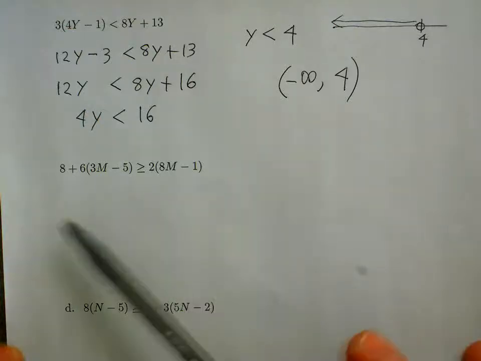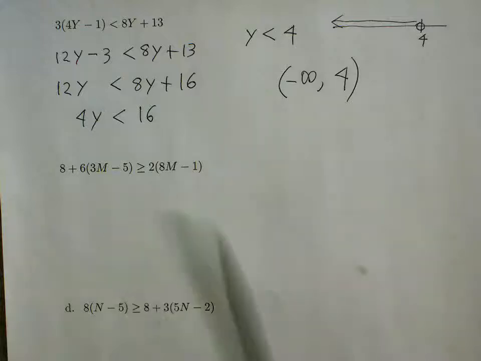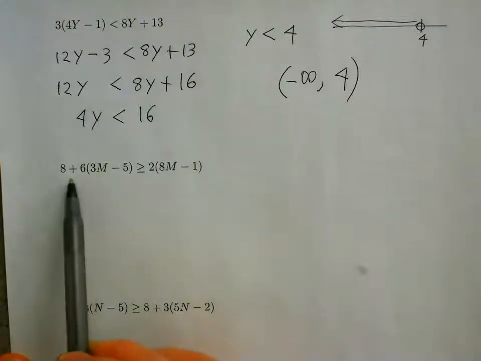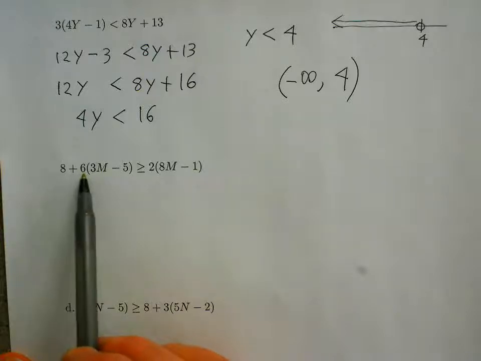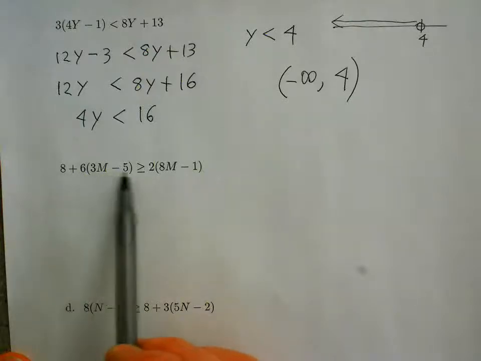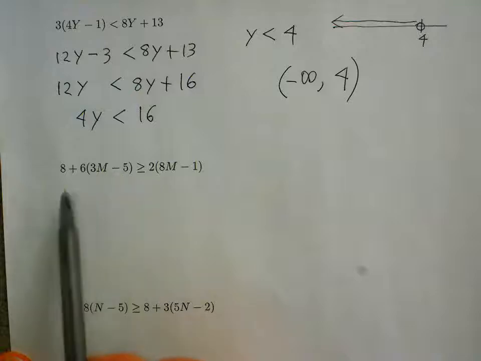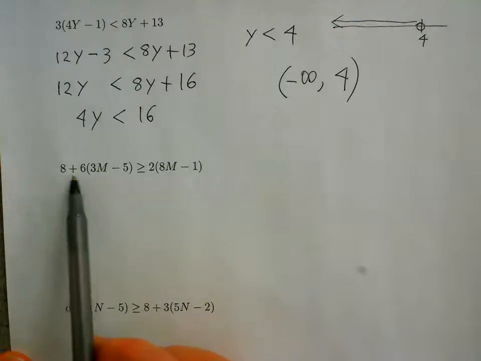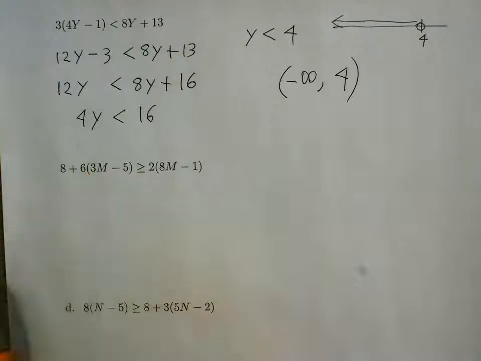Okay, let's try this. Make sure you multiply 6 times 3m minus 5 first. We cannot add 8 and 6 before we multiply.